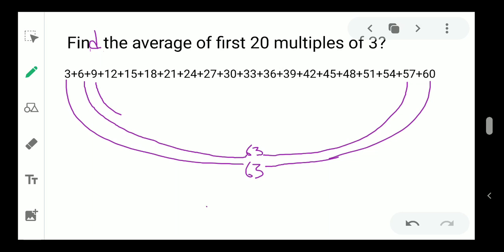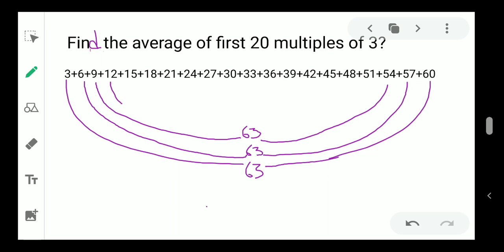Again, try 9 with 54, it would be 63. So one thing is very interesting: the last one and first one, as I come towards the middle point, all of the sums will be 63, 63 and 63.